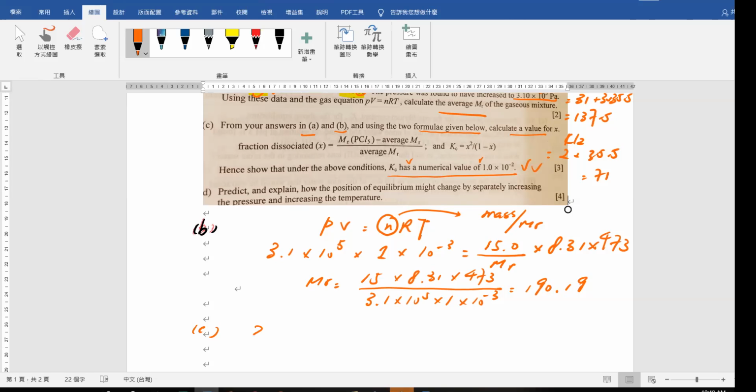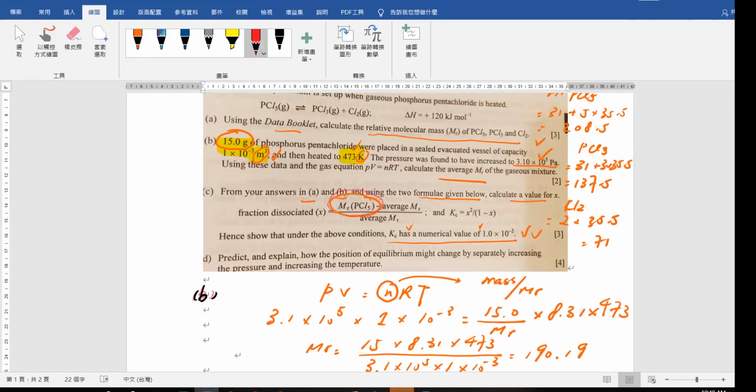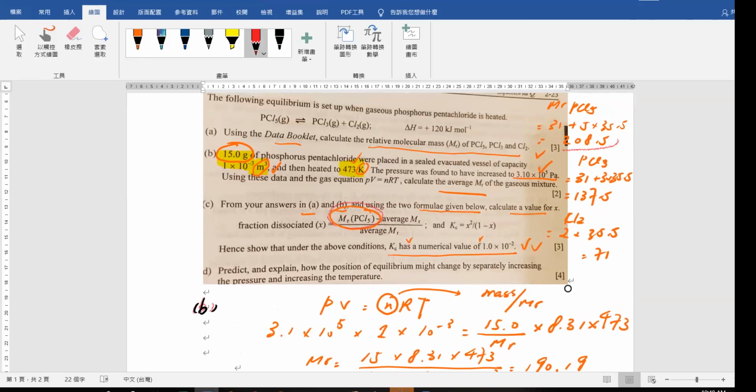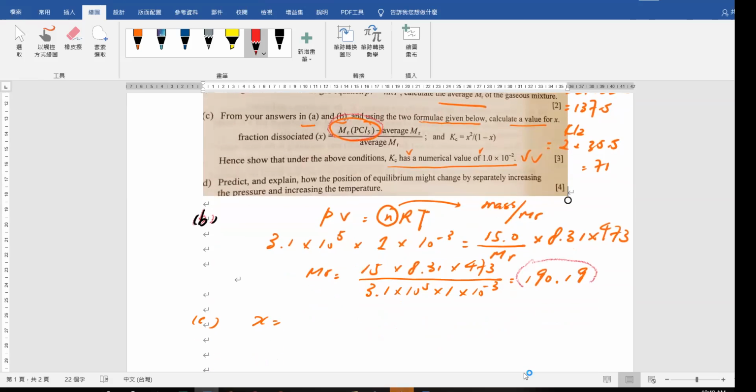So basically the x will be equal to the MR of PCl5, okay, here, which is here, PCl5, can you see that? So you plug in this number and the average is this number, the answer you worked out in B, okay? So it's 208.5 minus this number, 190.19, over 190.19.